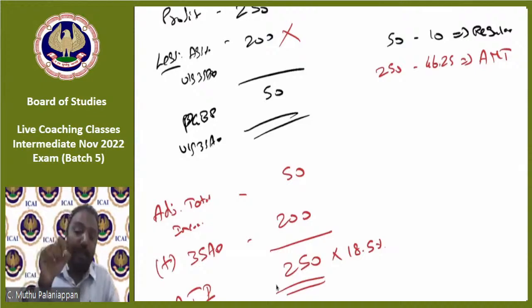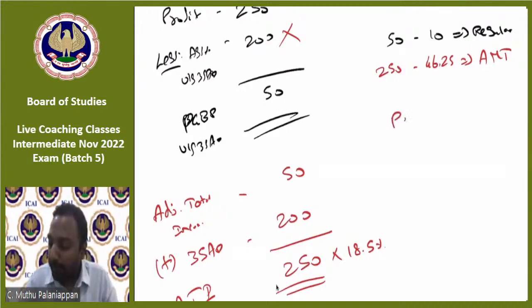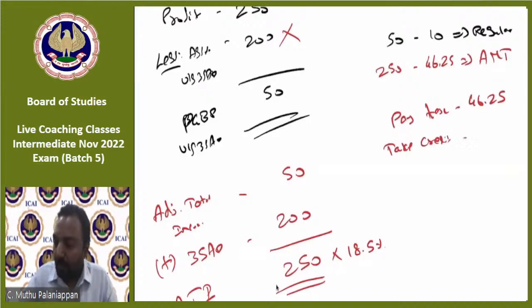If I'm not applying alternate minimum tax, if I'm applying regular income tax, my tax is only 10. The provision says in this scenario, pay tax of 46.25 and take credit of 36.25. How did I get this 36.25?